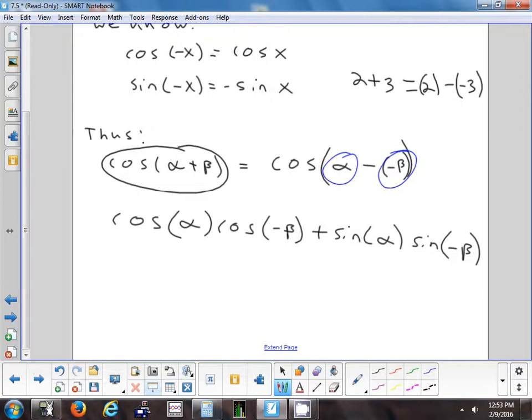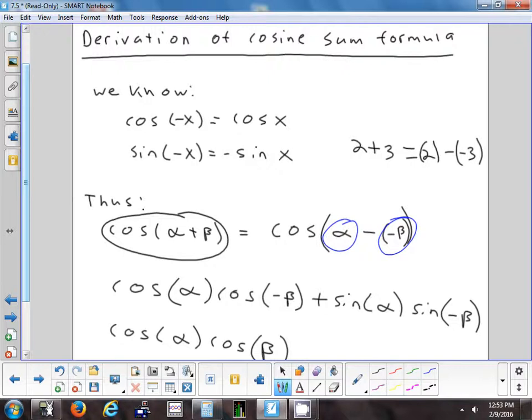All right, what happens in this first part? Anything there that I can simplify? You can just get rid of the negative, right? I can get rid of the negative on that beta. Yep. So cosine alpha, cosine beta. Wait, how do you get rid of the negative? That's a rule. Cosine of negative x equals cosine of x. I think we looked at that. Oh, okay. Might have been a few chapters ago.